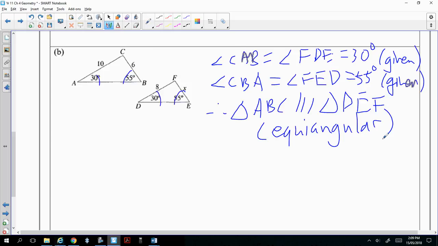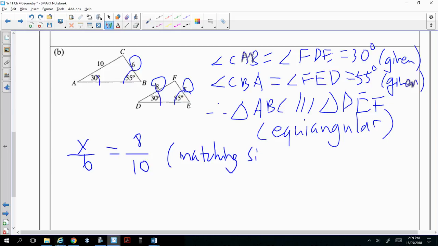Now, how do we find the missing sides? We do the ratio of matching sides are equal. So you say x matches with 6, equal to 8 matches with 10. Give a reason: matching sides in similar triangles.